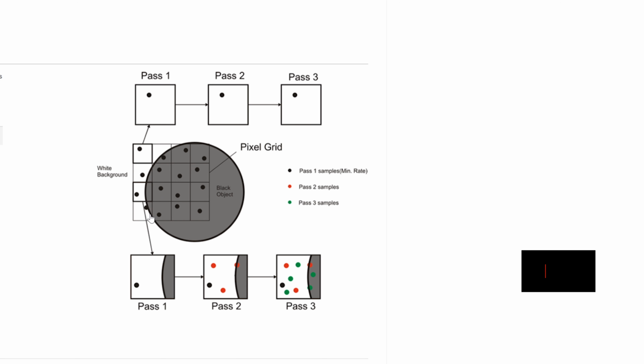But in this pixel right here, it came up that this pixel has two colors in it, right? So it will create other phases depending on the option that you choose. The more phases you choose, the more samples that will be taken and the more accurate this curve will be. Now this is pass 2 and this is pass 3. It will define the edge perfectly with more samples.